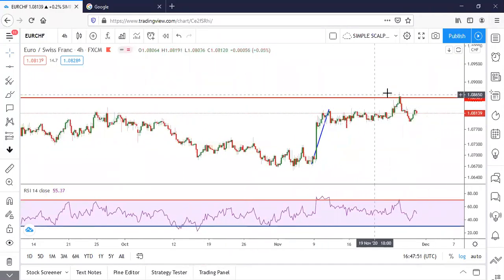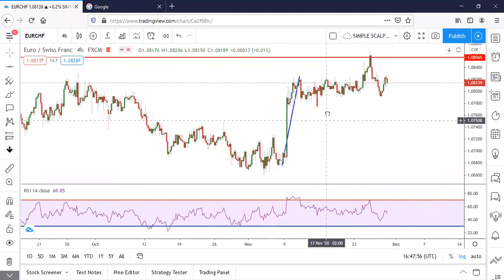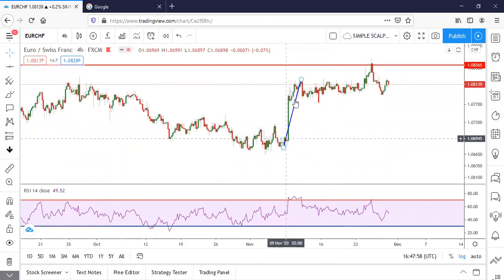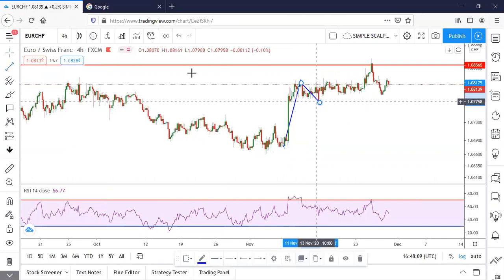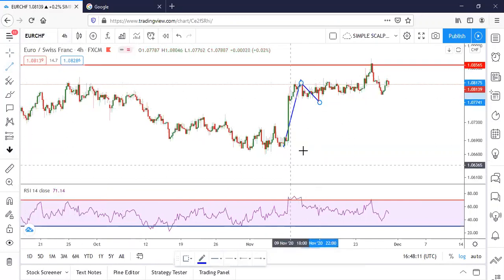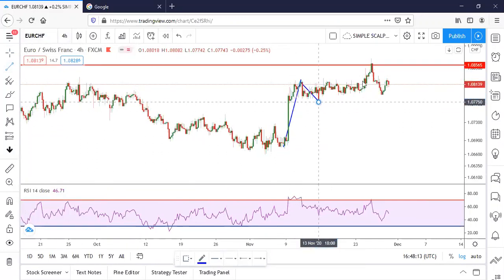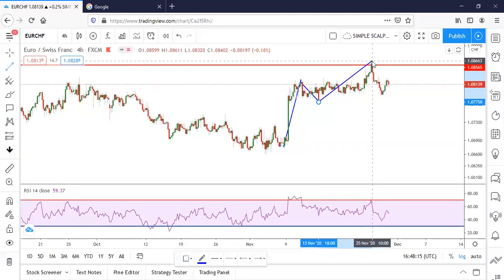Now you can see we have a push up, which means a minor uptrend right here, and it got to a point. Price came down a little bit and gave you a higher low, then another higher high.